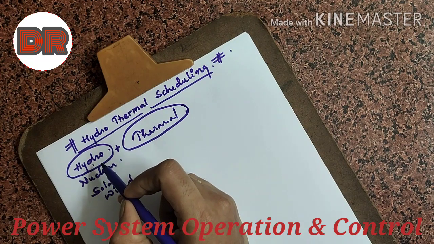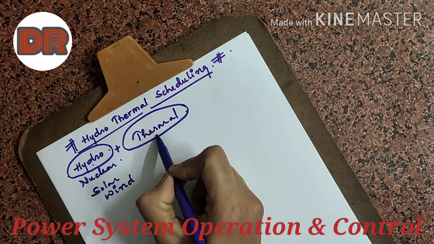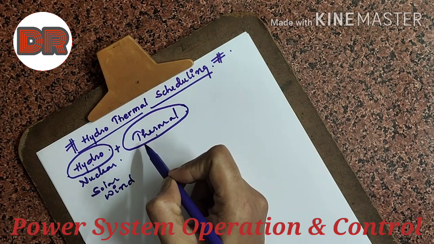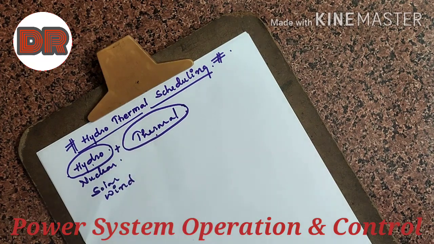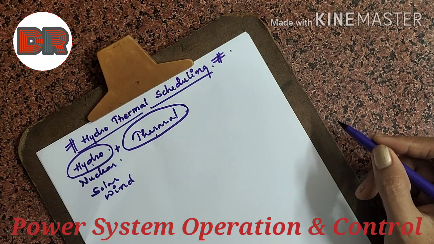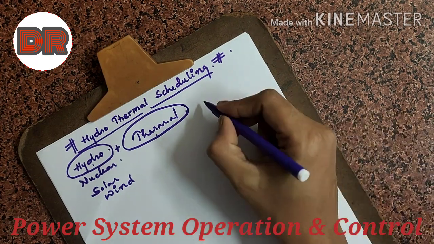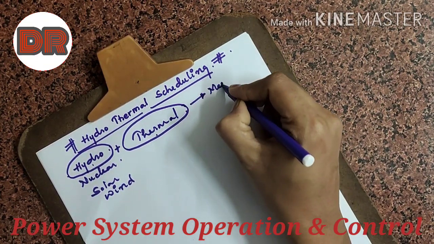So we have integrated power systems, which is a combination of hydro and thermal, and in this chapter we'll be seeing how hydro and thermal scheduling will be done. So in a large power system, hydro and thermal power plants will be integrated in order to meet the demand.